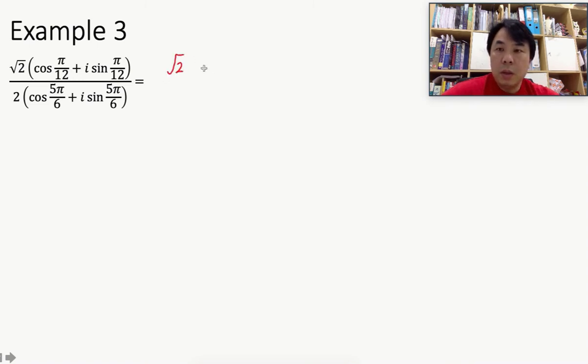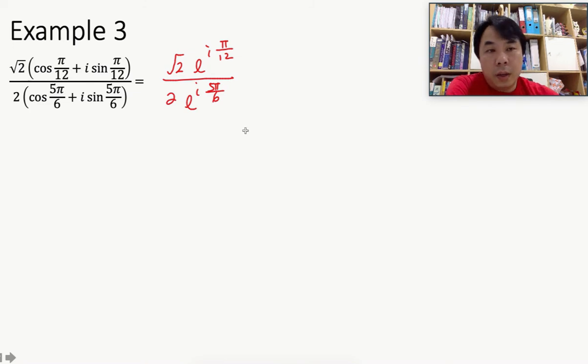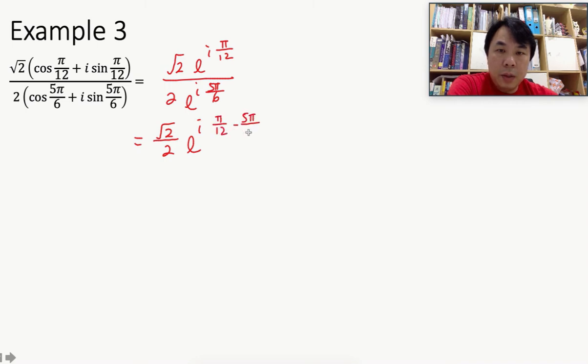So we can write this as root 2 e^(i pi over 12) divided by 2 e^(i 5 pi over 6). And next you can use your index rule more easily in this case. That will be root 2 over 2, and then e to the i, pi over 12 minus 5 pi over 6, and then that would yield this.